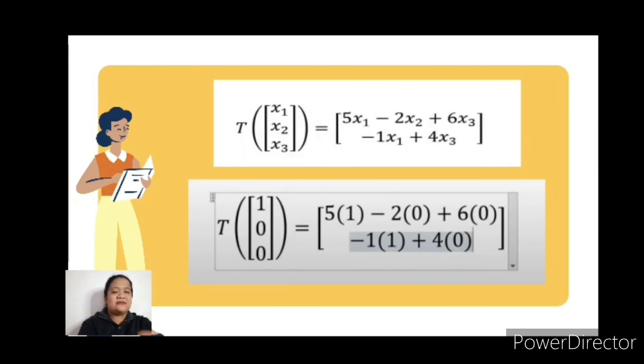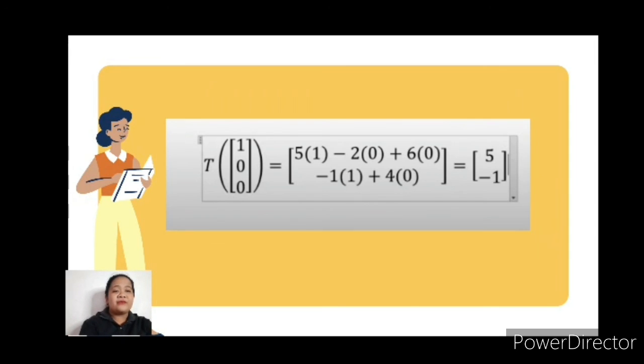Also in negative x1, we have 1 from x1, and since there is no x2 there, we continue to x3, which is 0. Let's do the math.